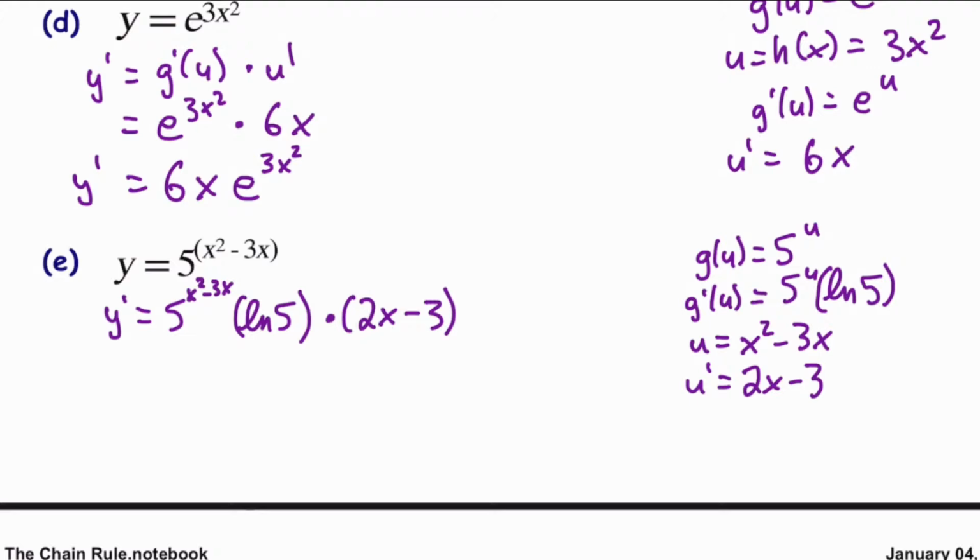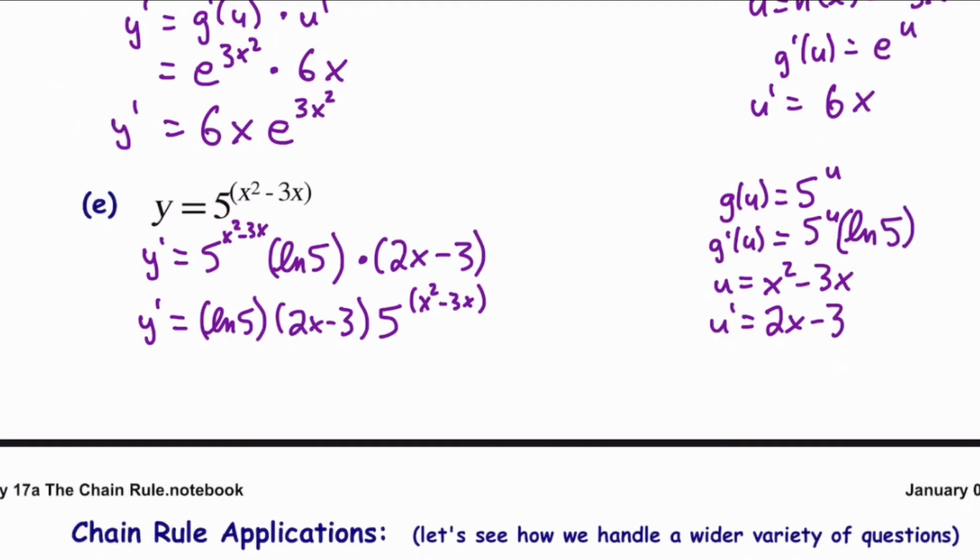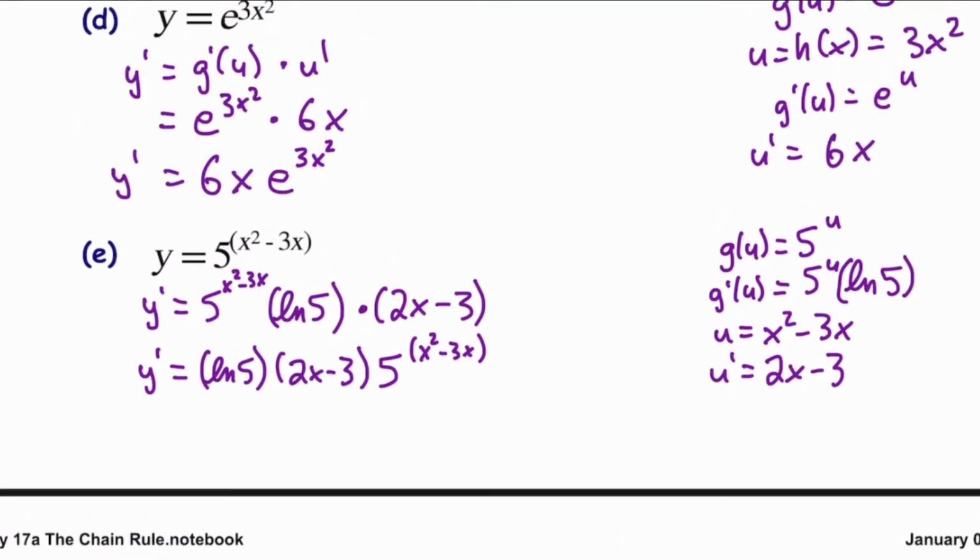And we can rewrite that so it looks a little neater, but still not great. We're going to have ln 5. Remember, that's just a number. We're going to have 2x minus 3. And we'll put our stuff with exponents at the end: 5 to the power of x squared minus 3x. All right, that looks pretty good to me.